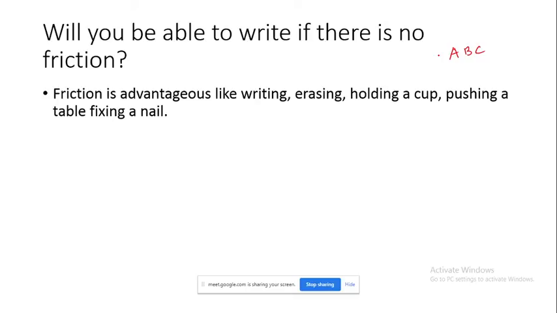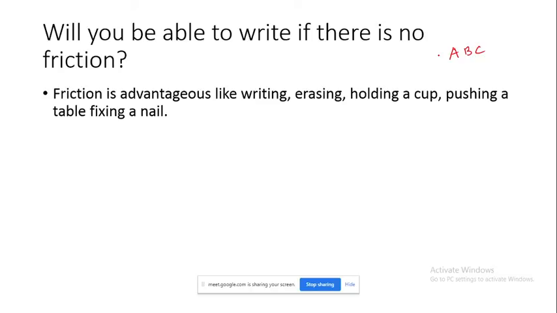It is because there are irregularities in the notebook and in the pen or pencil you are holding, and the lead of the pencil gets stuck in those minute irregularities, and due to friction we are able to write, right?